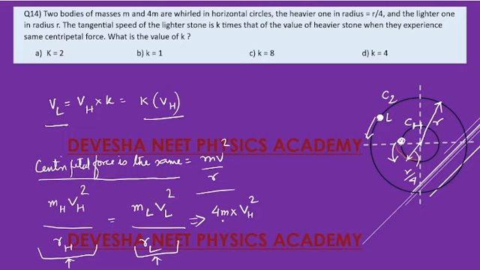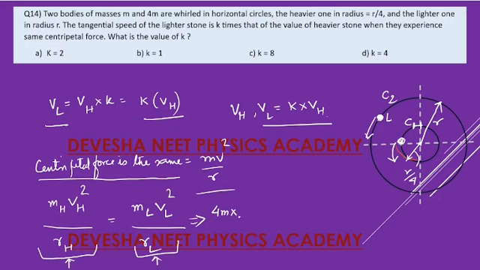It is also given to us that the tangential speed of the lighter stone is k times that of the heavier stone. So if the heavier body has a tangential speed of, for example, VH, then VL is equal to k times VH.